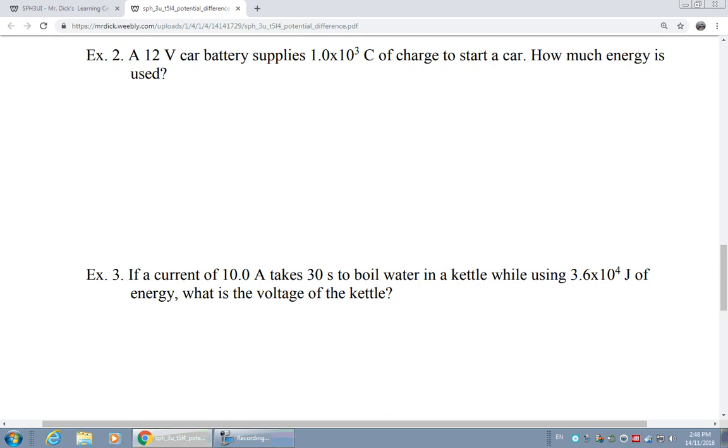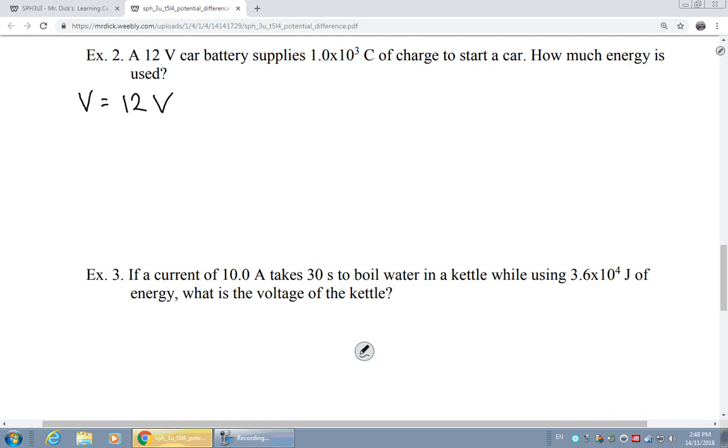And so here's a couple simple situations that you might be able to solve using some of these ideas. For example, if we know that a 12-volt car battery is supplying 1.0 times 10 to the 3, or 1,000 coulombs of charge to start a car, let's figure out how much energy is actually being used along the way. So in this case, we're told the voltage is 12 volts.